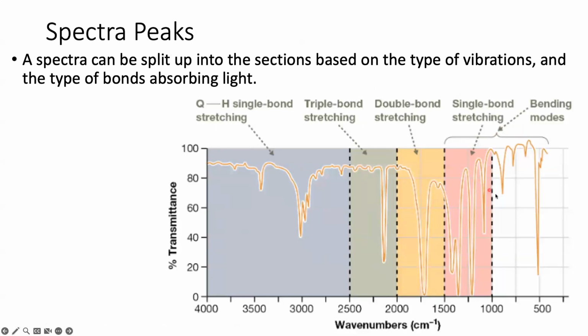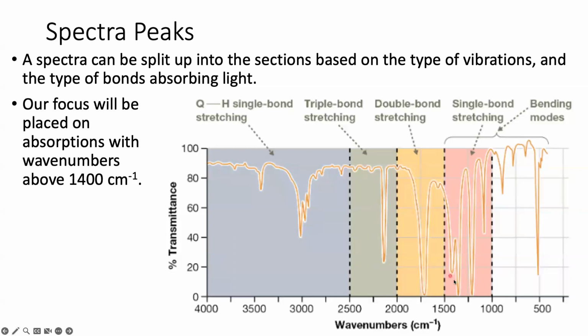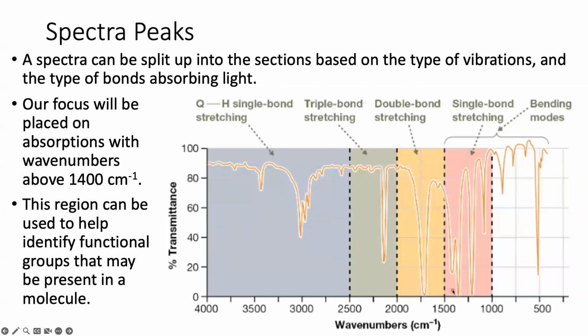However, you do get some bending modes in this 1,000 to 1,500 region. Most of our focus is going to be about 1,400 inverse centimeters and above, so 1,400 and to the left, because the left is going to be higher numbers in infrared spectroscopy.